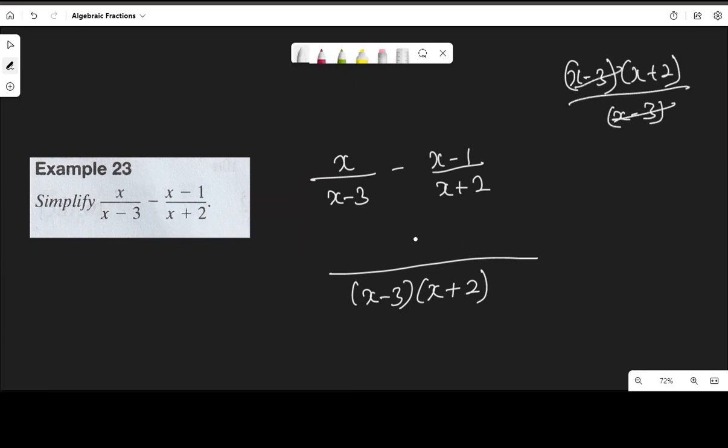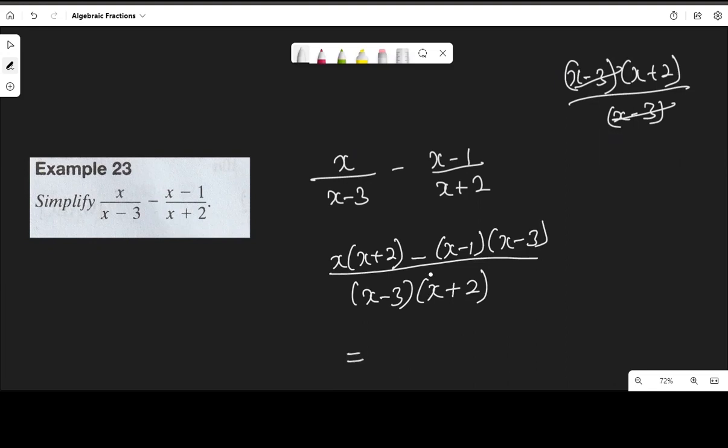X minus 3 will cancel out, so we'll be left with x plus 2. Multiply that x plus 2 by this, so I have x times x plus 2, and minus, again, when we divide this by this, x plus 2 will be gone, we'll be left with x minus 3. So we multiply that by this, I have x minus 1 times x minus 3.